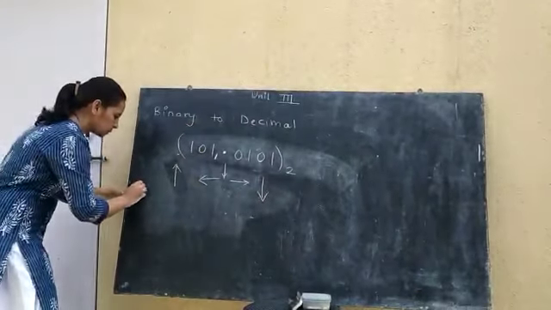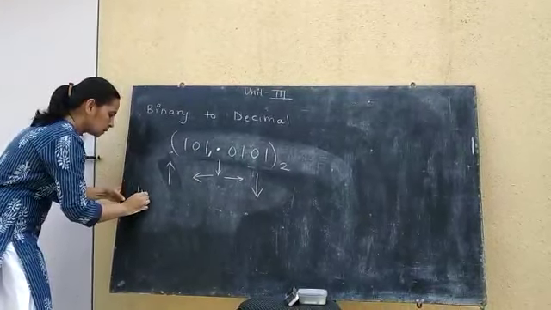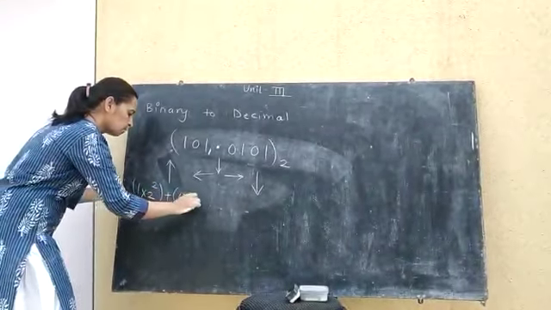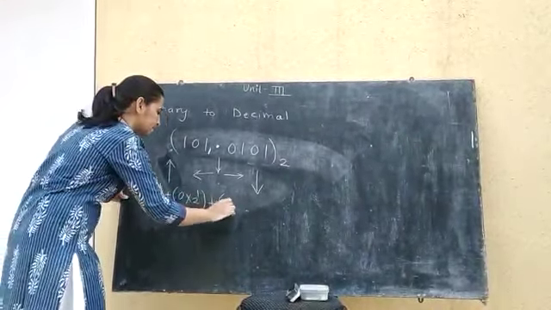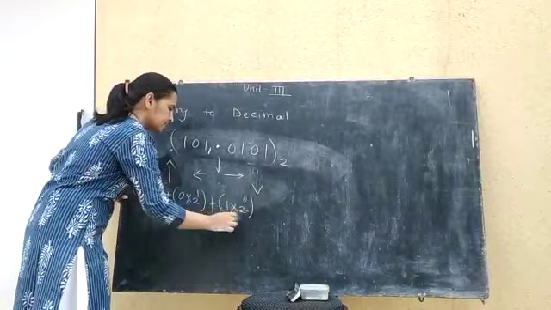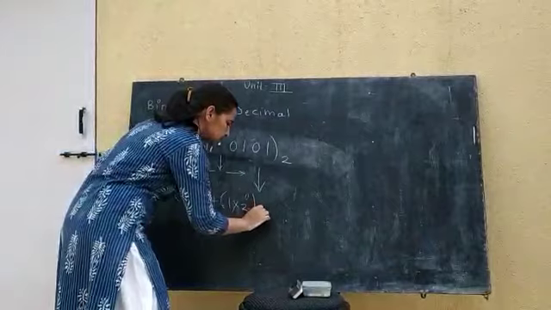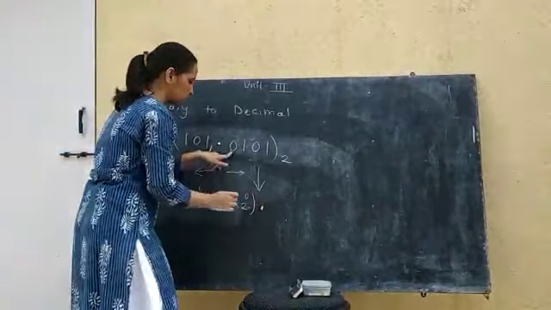So here, already we discussed this part. Here it is a decimal point, and now 0 is there.